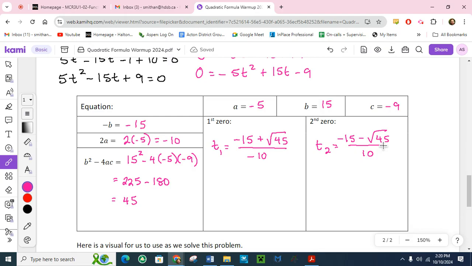I will do 2 steps like I normally do. I'll do the top, negative 15 plus root 45. I got negative 8.29, divide by negative 10. That just moves the decimal. So about 0.829, this is seconds.